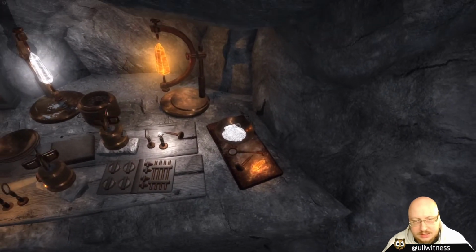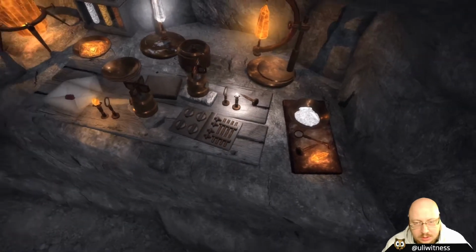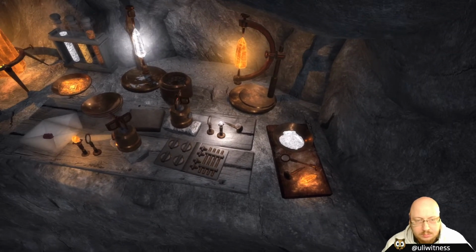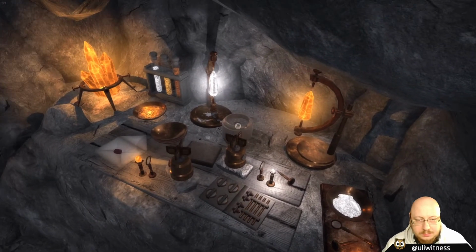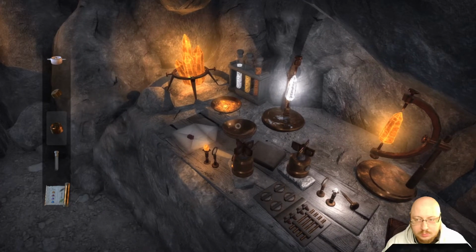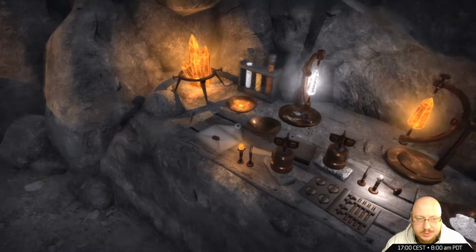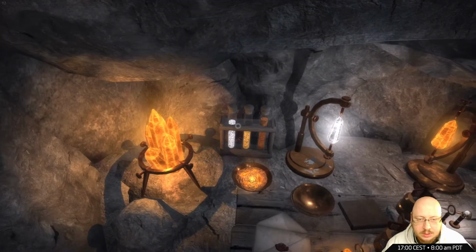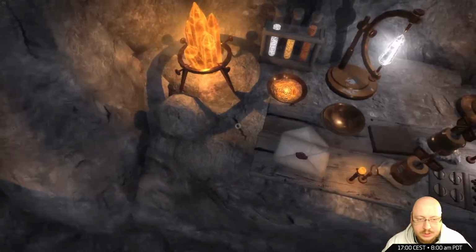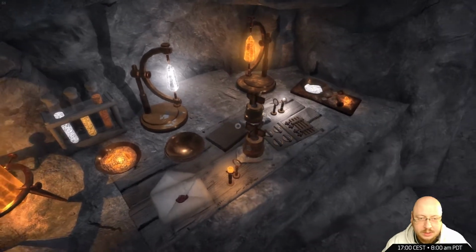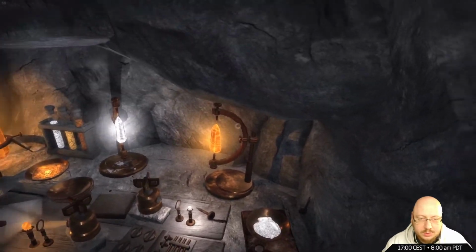And I guess that's the material. So I guess we need to smelt some white crystal from somewhere into that.